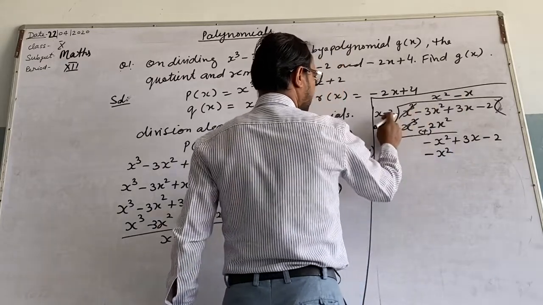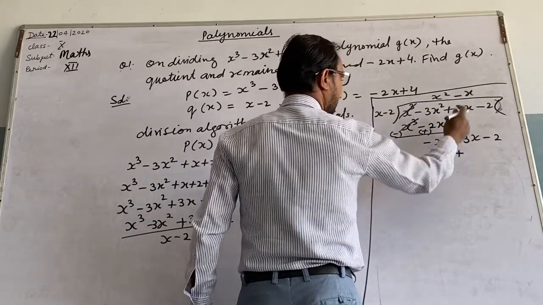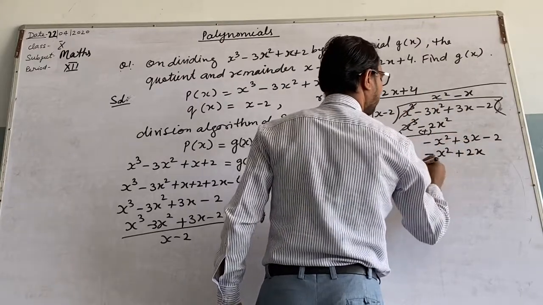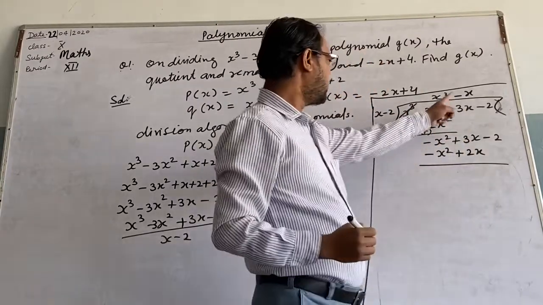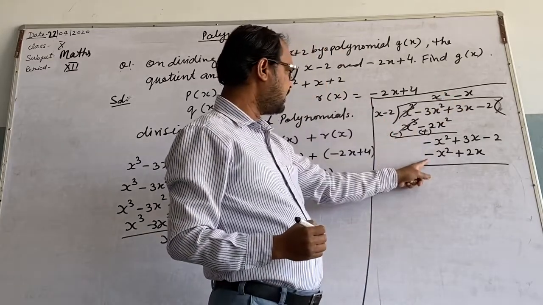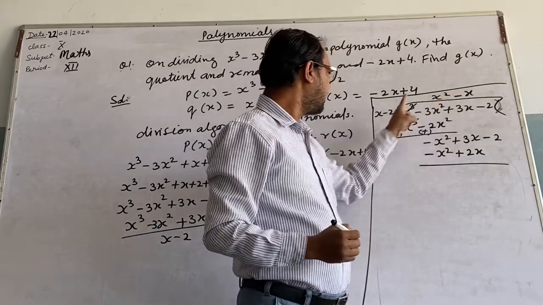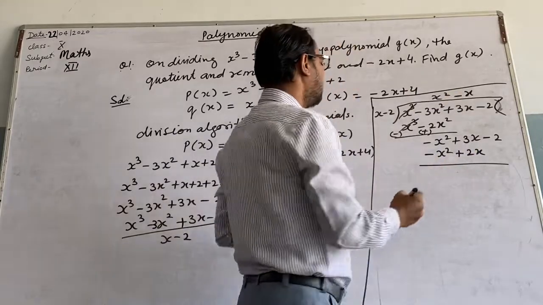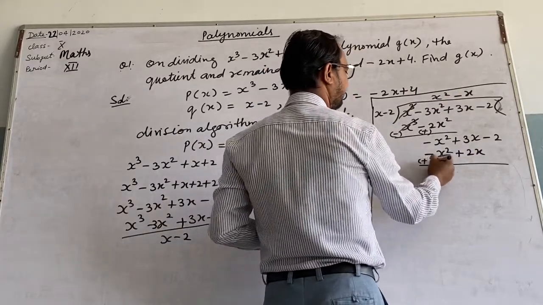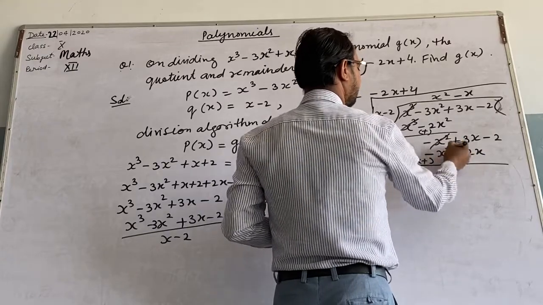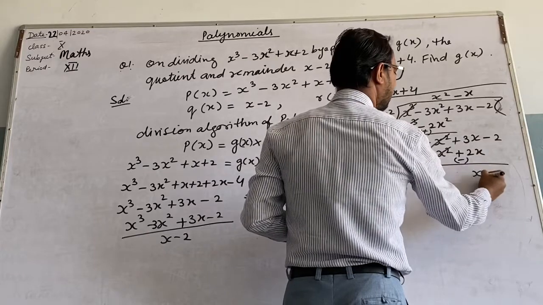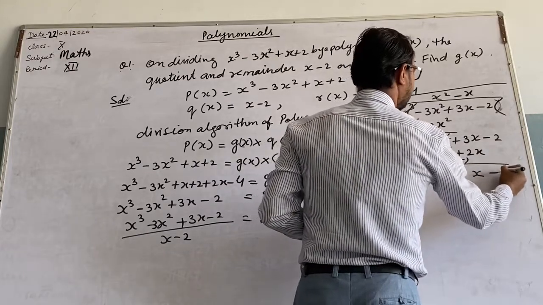Minus multiplied by minus gets a plus, and x into 2 gets 2x. Now change the sign. This will cancel out. 3x plus and 2x minus gets x, and carry down minus 2.